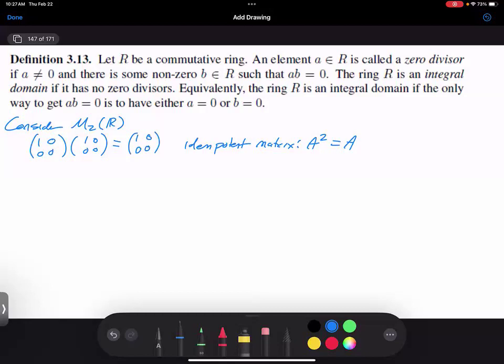Now that's interesting. So what if you tried to do 1/2? What if you took the matrix with 1/2, 1/2, 1/2, 1/2? What do you get when you multiply?